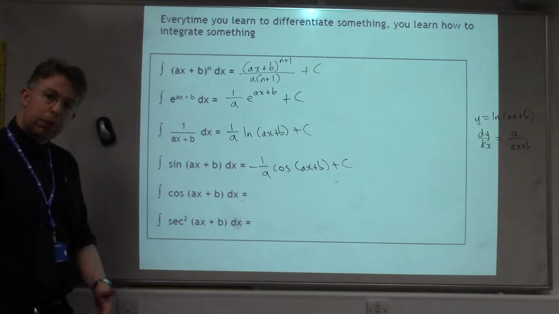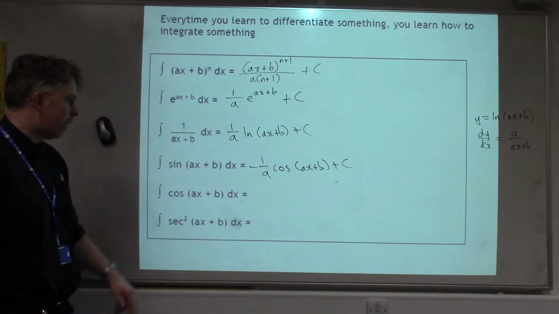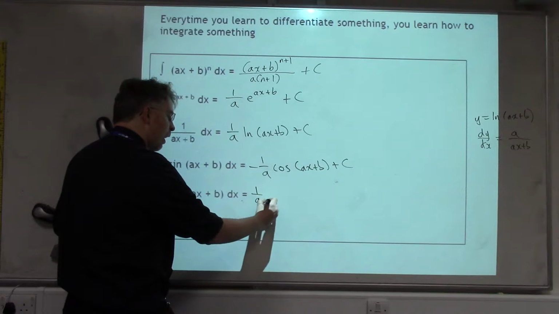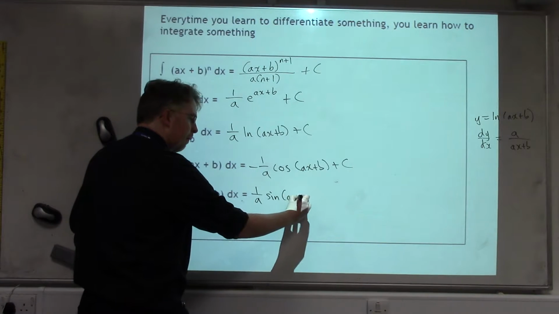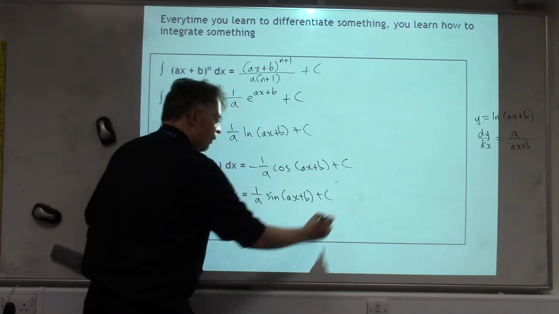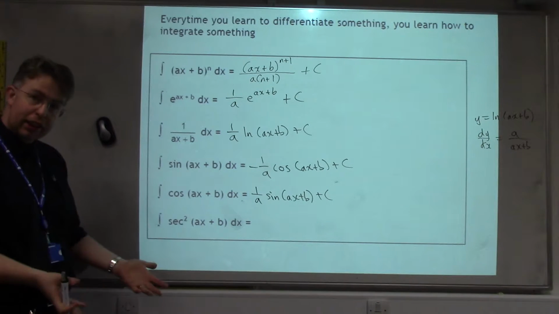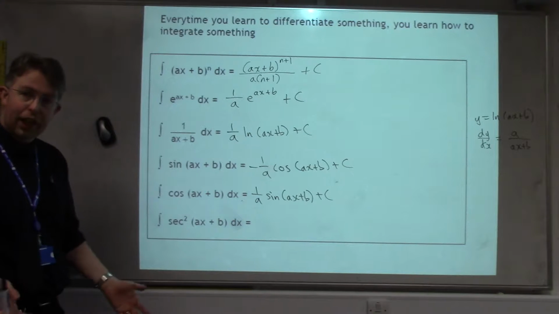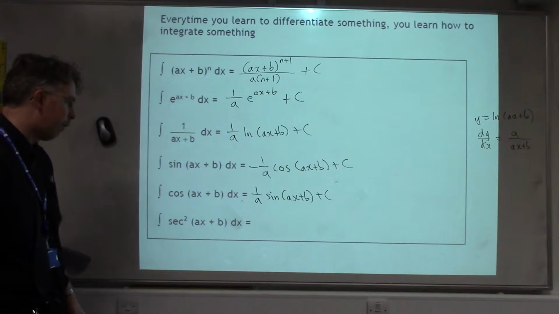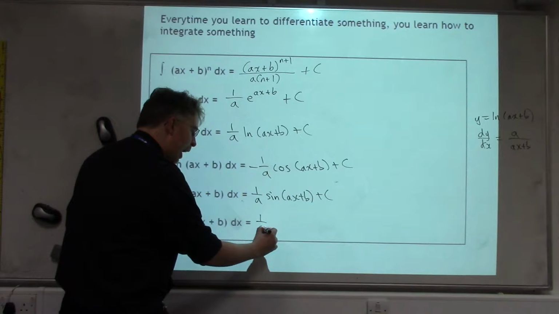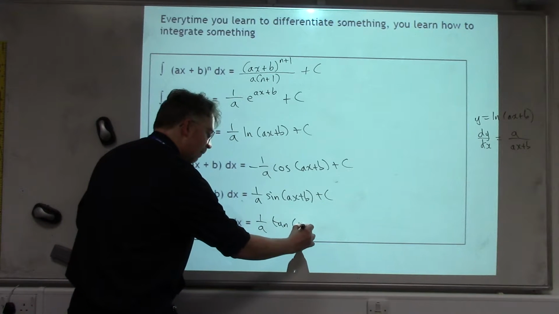If we had ax plus b, the a would times at the front, so we're going to divide by the a. We get 1 over a, sine of ax plus b, plus c. And sec squared, well, tan differentiates to sec squared. If it was tan of ax plus b, we'd times by a at the front. So we need to divide by a and turn it back to tan.